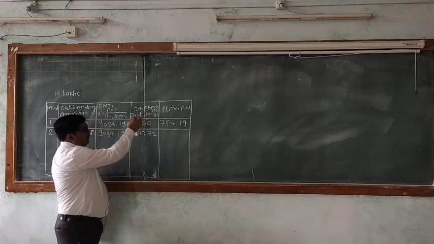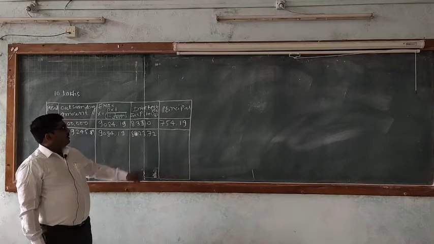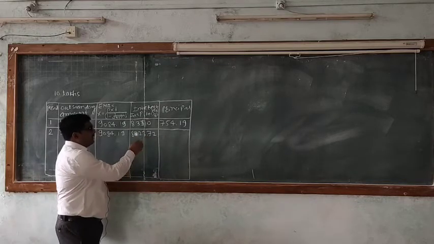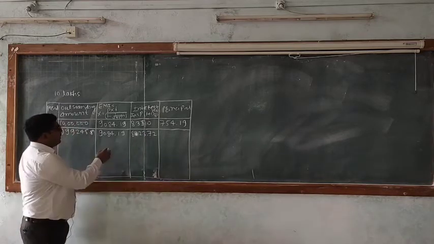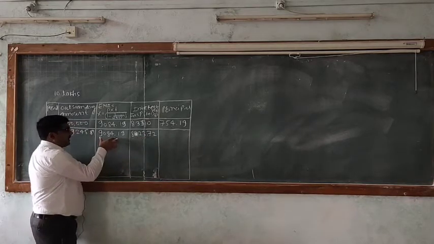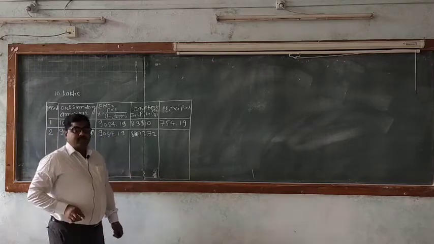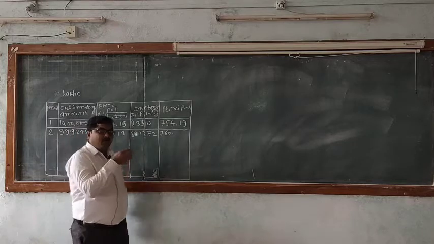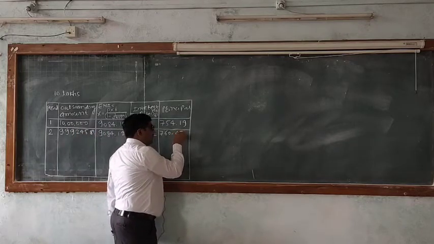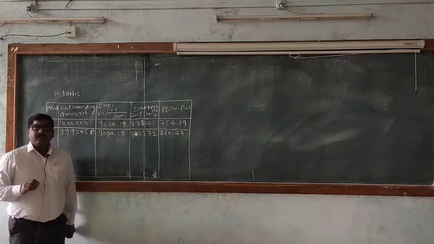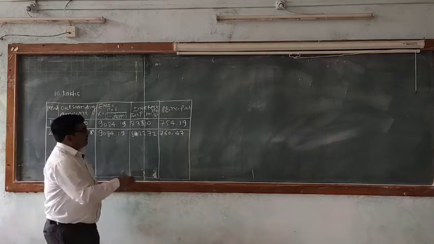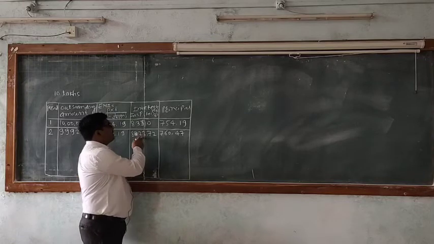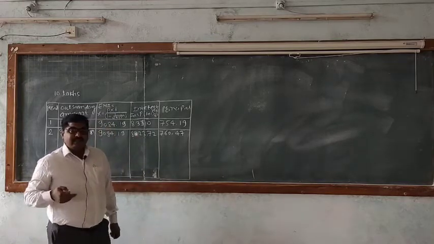If you put here principal and n same, you will get the interest. Again this value can be subtracted from EMI, then 760.47. This is your second. Now see here, principal increases, interest decreases.